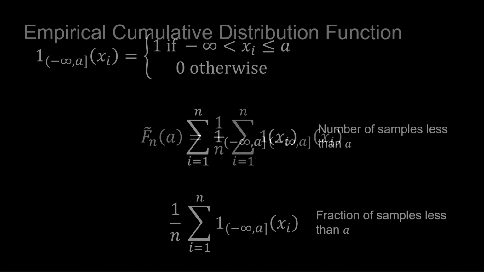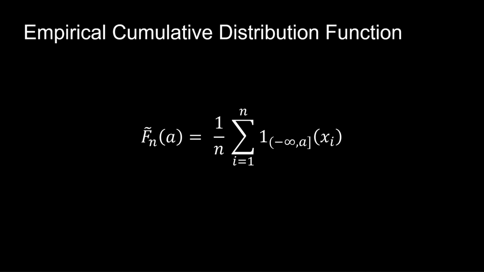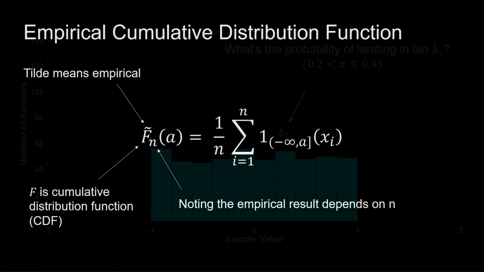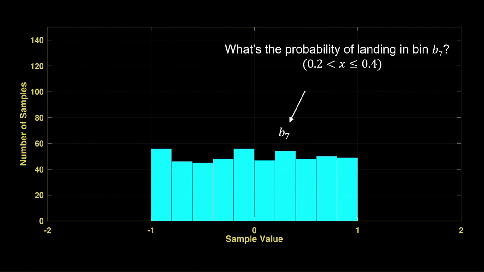This formula is called the empirical cumulative distribution function. It's assigned the variable f. The tilde indicates the result is empirical based on data, and the subscript n indicates it depends on how many samples are taken. Now we can use the empirical CDF to determine the probability of a sample landing in B7.